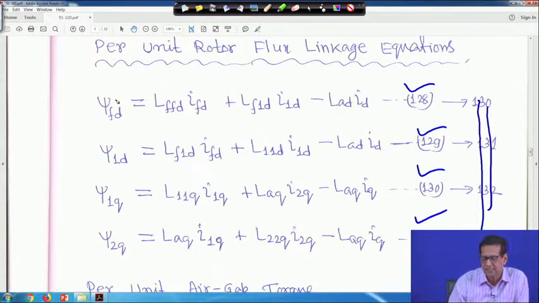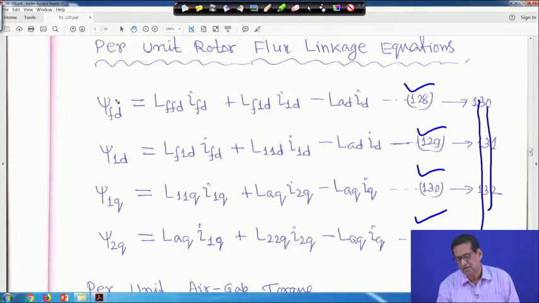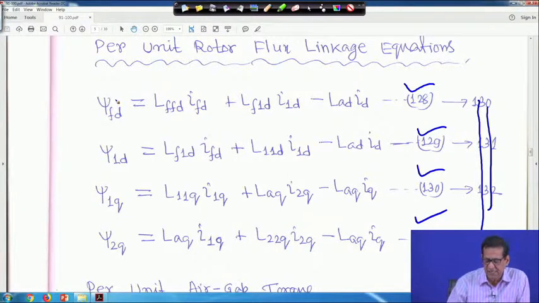And psi 1D is equal to LF1D IFD plus L11D I1D minus LAD ID. Similarly, psi 1q is equal to L11q I1q plus LAQ I2q minus LAQ IQ. Similarly, psi 2q is equal to LAQ I1q plus L22q I2q minus LAQ IQ. So, this is the per unit rotor flux linkage equation.